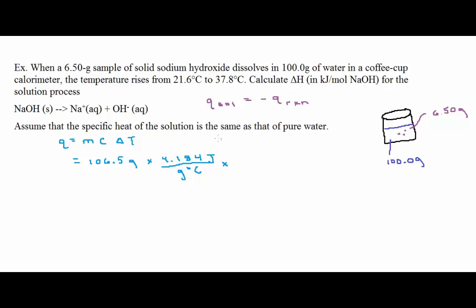Now I'm going to multiply that by the change in temperature. My final temperature, TF, is 37.8, and my initial temperature, TI, is 21.6. When I subtract 21.6 from 37.8, I get my delta T to be 16.2 degrees Celsius.